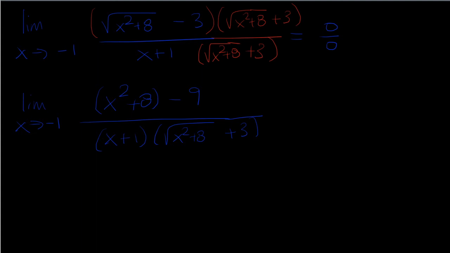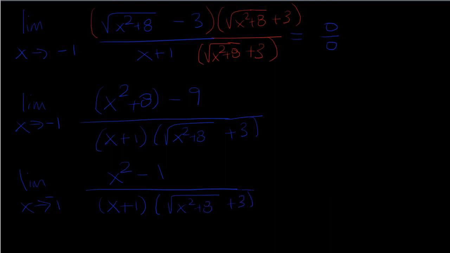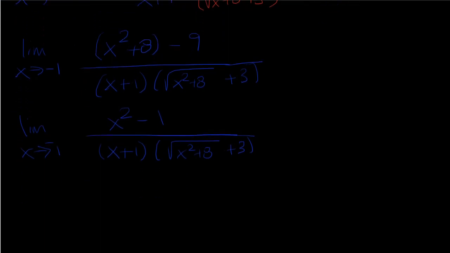And now at the top we have x squared plus 8 minus 9, which the 8 minus 9 gives us negative 1, all over x plus 1 times the square root of x squared plus 8, plus 3.